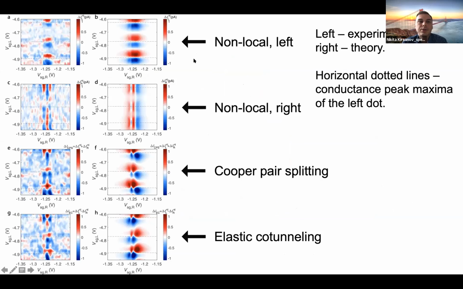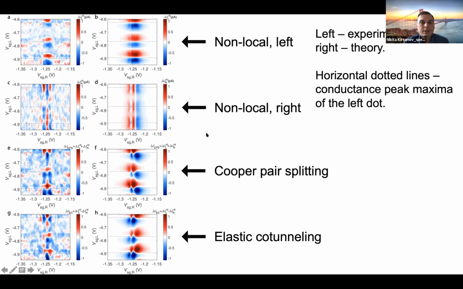So here you can see the main result of our study. On the left we have the experimental pictures, and on the right are the results of our theoretical modeling. The first picture is the non-local current in the left part of the device. Here is the non-local current in the right part of the device. And these are the contributions of Cooper pair splitting and the contribution of elastic cotunneling.